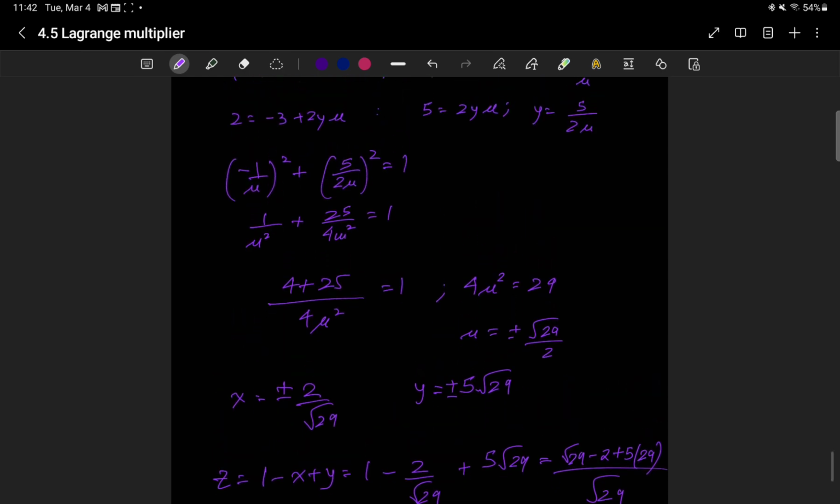I think I made a mistake here. Y is 5 over 2 divided by, so 2 over root 29. Oh, so root 29 is in the denominator. Yeah, that makes more sense.